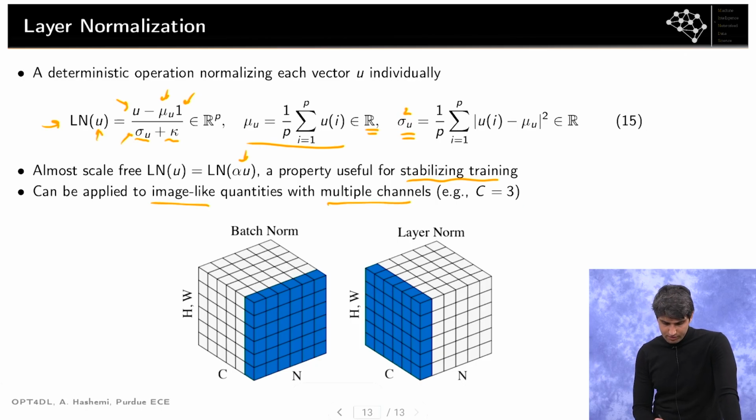So again, this is a picture to have in mind. In batch normalization, we have a bunch of matrices, and we are performing normalization across the batch. But for layer normalization, we are actually normalizing each image individually.